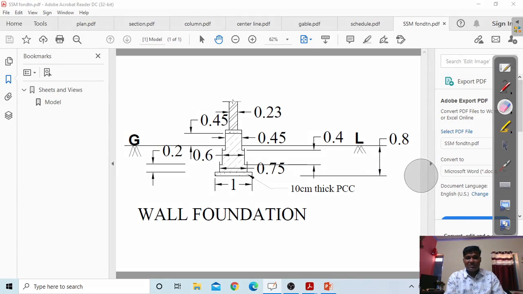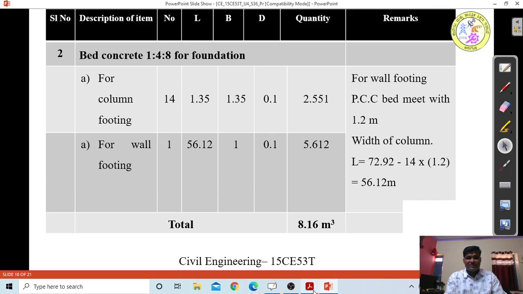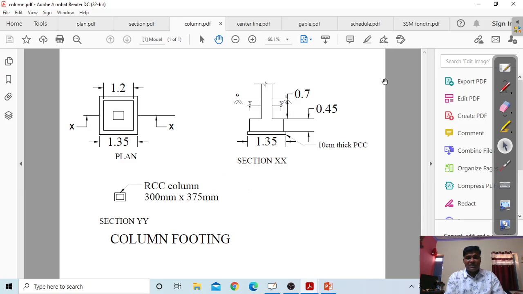Okay, 0.8 meter is the depth. So you have to go to that depth at the column footing. See, 0.8 meters of size stone masonry depth will come here. So this may be around 0.8. So at this depth, what is the width of the footing? That is 1.2 meters. Okay.